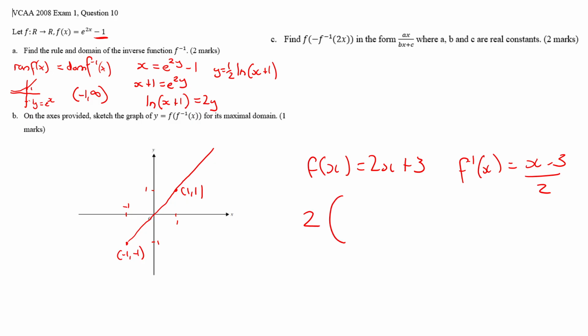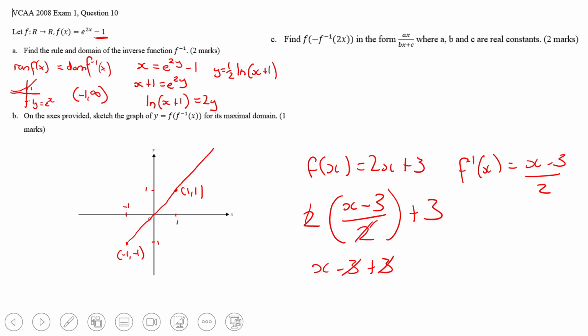And I'm going to have 2 in brackets x minus 3 over 2 plus 3. That means I'm timesing the top by 2, and the 2's cancel out. And that gives me x minus 3 plus 3, and that cancels out. So that gives me y equals 2x. So that's why we've got this line. So just be mindful if we are using a composite function with the inverse, it cancels out to this mirror line. Okay, let me erase that so I've got space now.